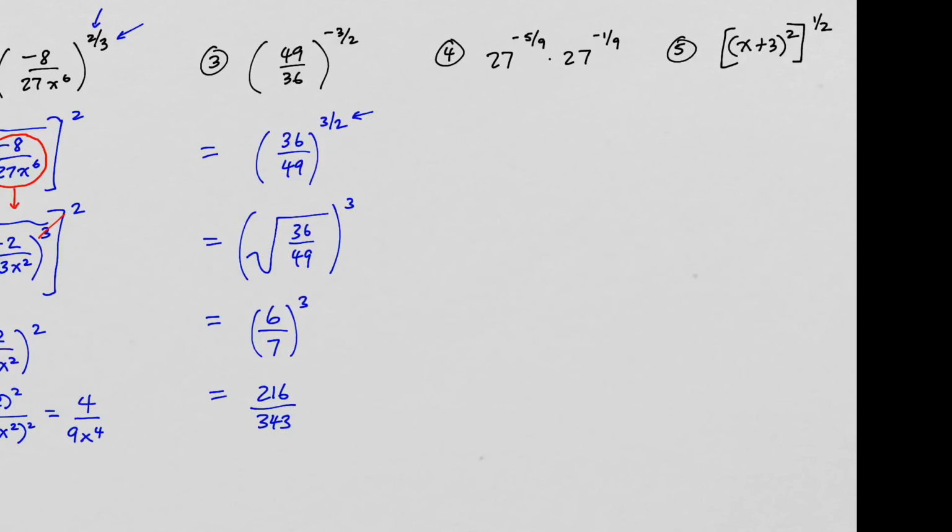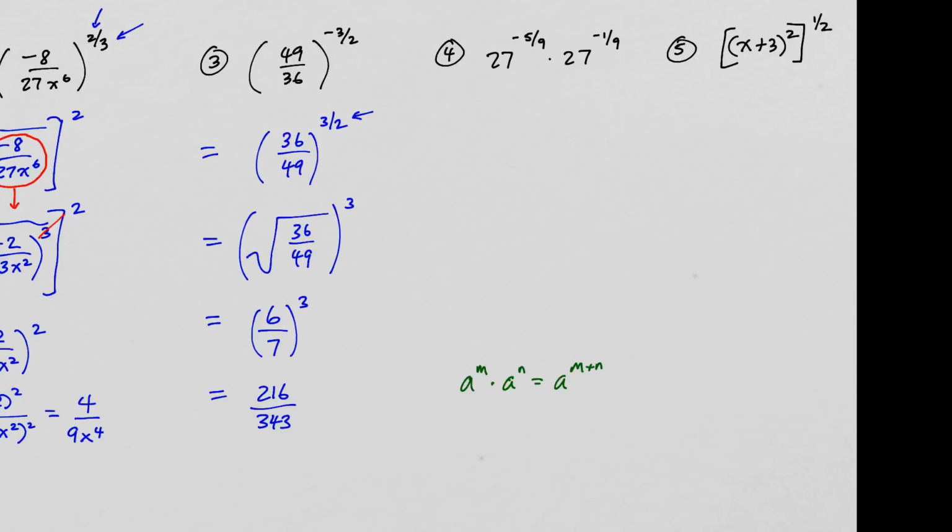All right, for our next problem, what we have here is a common base of 27, and each of those are raised to a fraction exponent power, and we're multiplying these together. So remember your exponent rules. We know that a to the m times a to the n is a to the m plus n.